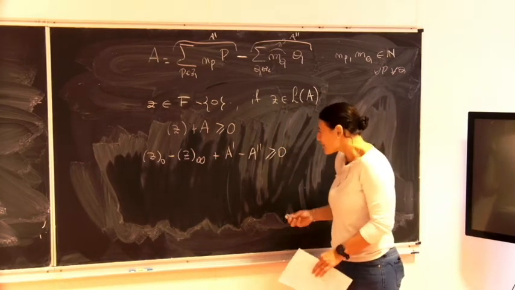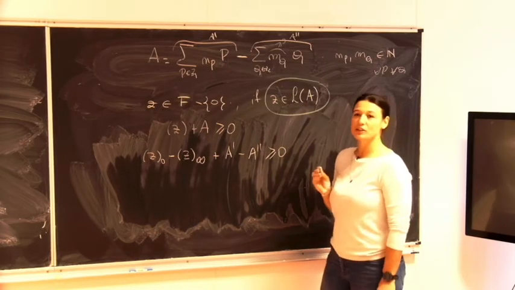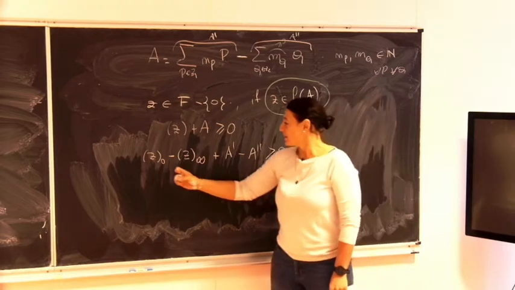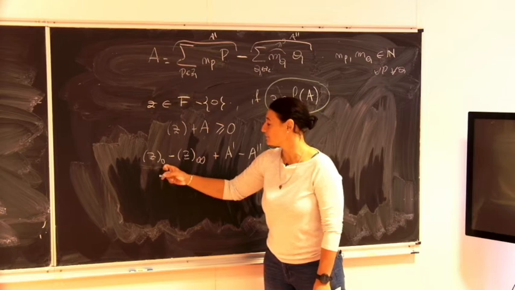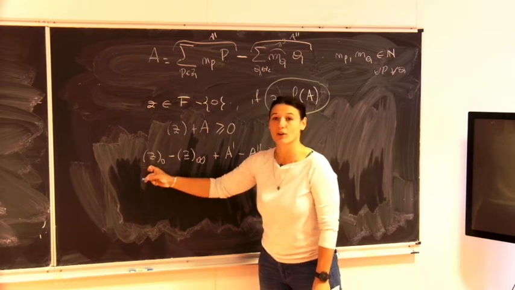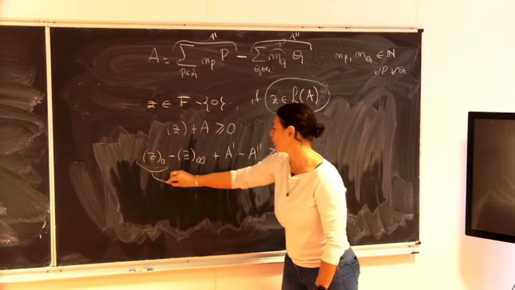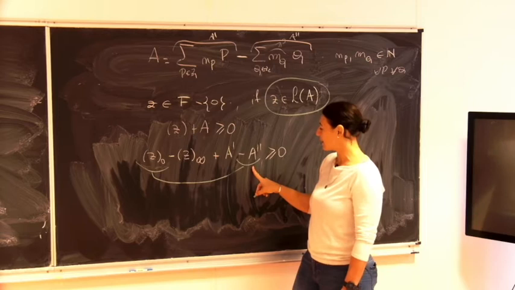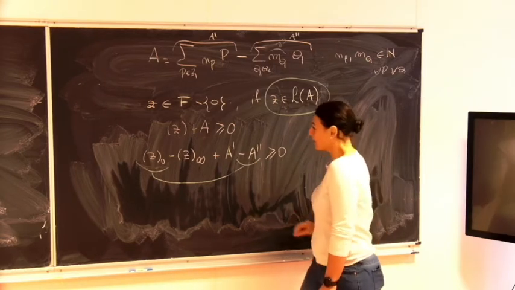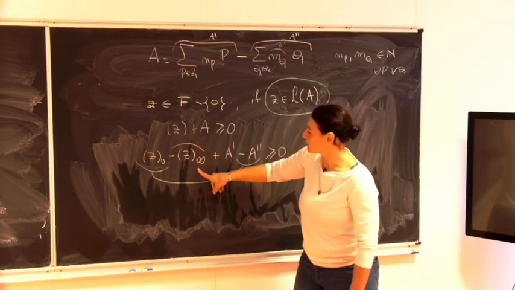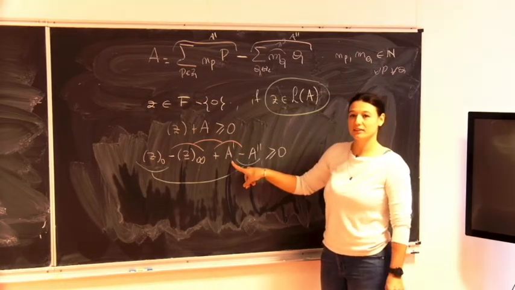So what I'm telling when I have an element inside the Riemann-Roch space is that the things that are inside the zero divisor of the element have to compensate the elements that are here in A. And the elements that are on the pole divisor of Z have to be compensated with the element here.